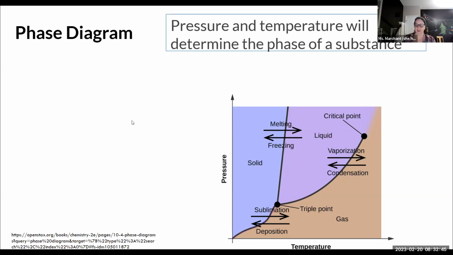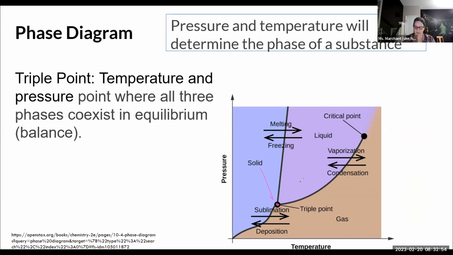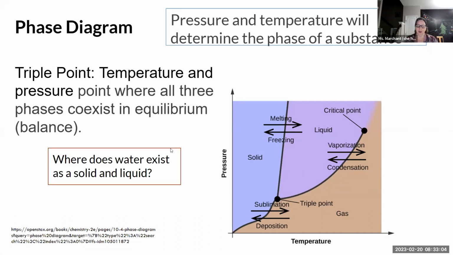So let's go in and make sure we have all sorts of information. This point here is the triple point. It's when the substance is a solid, liquid, and gas. It's on all three boundary lines. Where does water exist as a solid and a liquid?